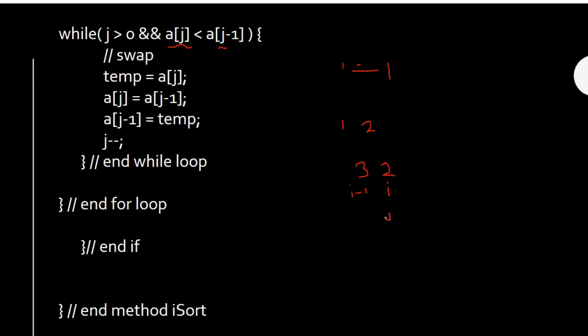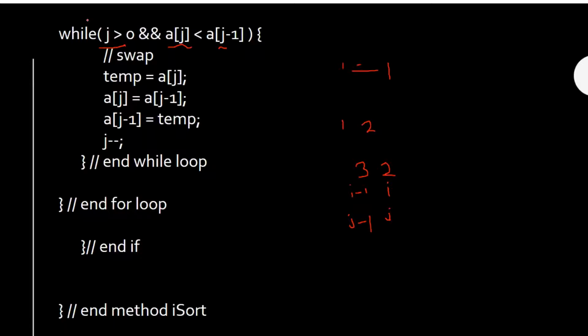Or you can say this is our j, the current value, so this is j minus 1. So we compare it with the previous. If it is not sorted, then we also check and make sure that our j is greater than 0. The reason is so that we will not run into an array index out of bounds error.